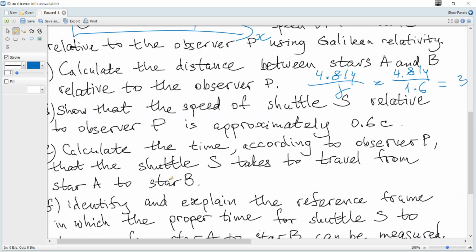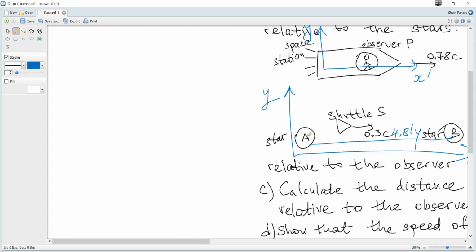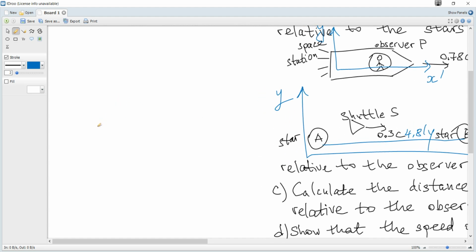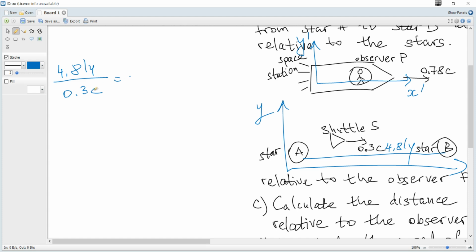The second method. Let's write here. 4.8 light years divided by 0.3 c, it is equal to what? It can be easily divided. It's 16 years.